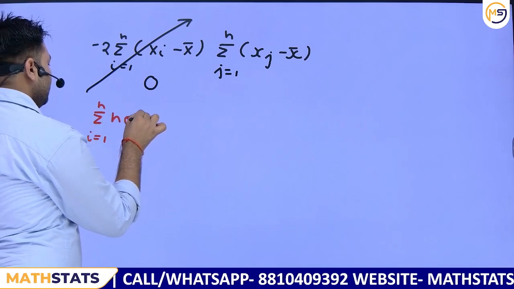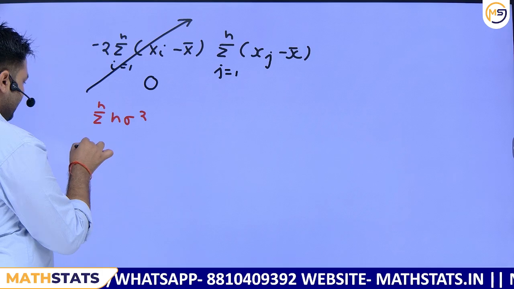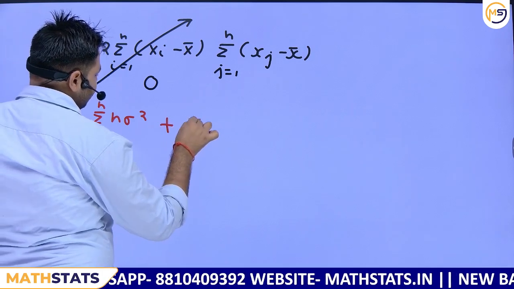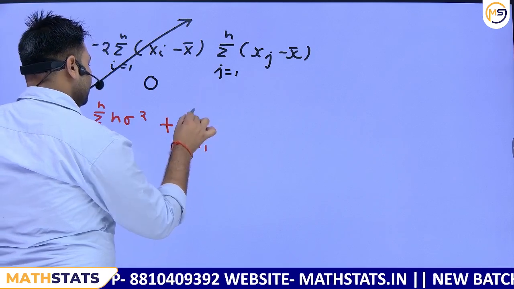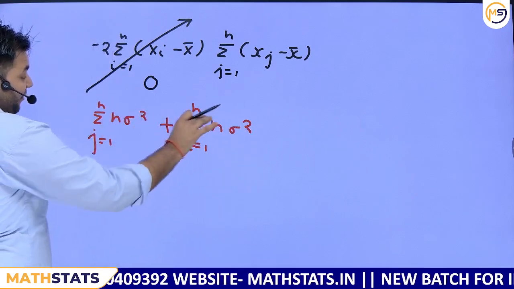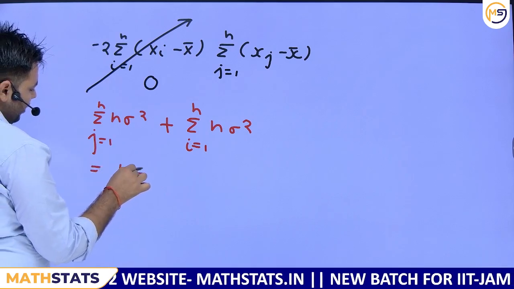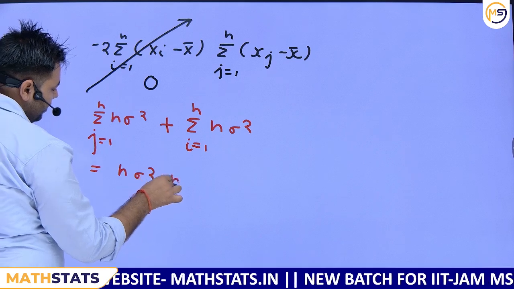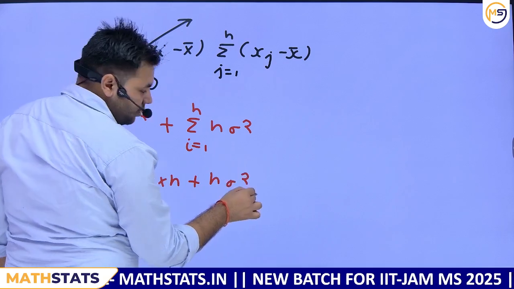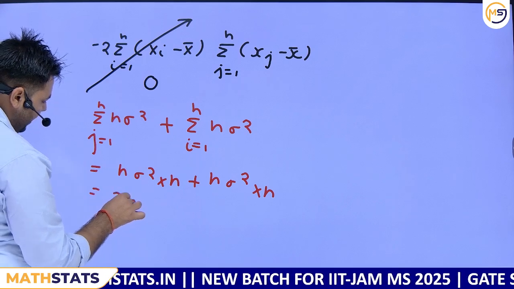Here it is j, j equal to 1 to n, plus n sigma square and summation i equal to 1 to n sigma square, then 0. Here it doesn't involve any term of i, and here it doesn't involve any term of j. So this quantity equals n sigma square into n plus n sigma square into n, which is equal to 2n square sigma square.